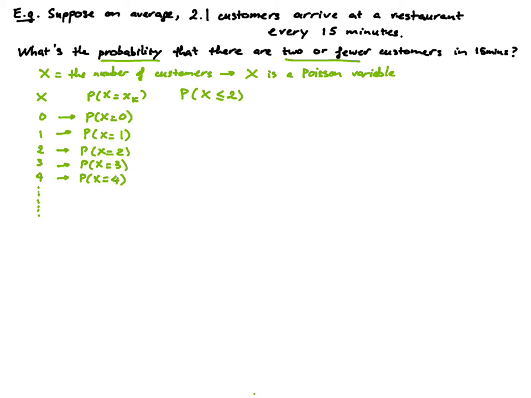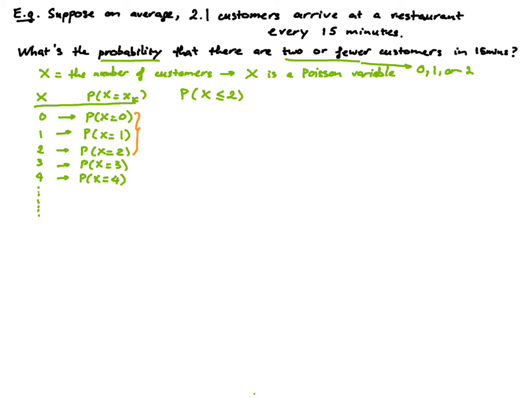Now, when we have 2 or fewer, that means we must have 0, 1, or 2. Right? In other words, if you go to the table here, the probability distribution that we have, we're interested in this range of numbers, right? Where x is 0, x is 1, and x is 2.